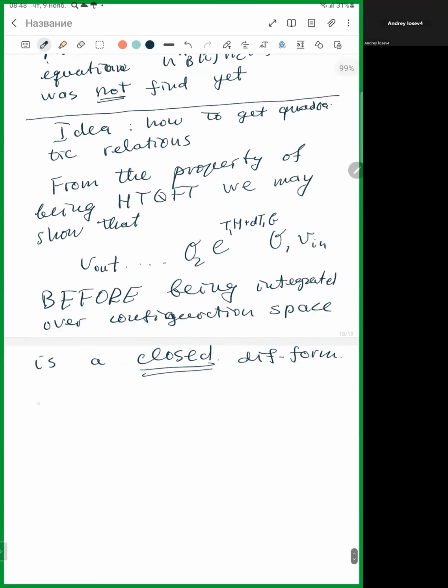So idea, integral over closed differential form over a boundary is zero.